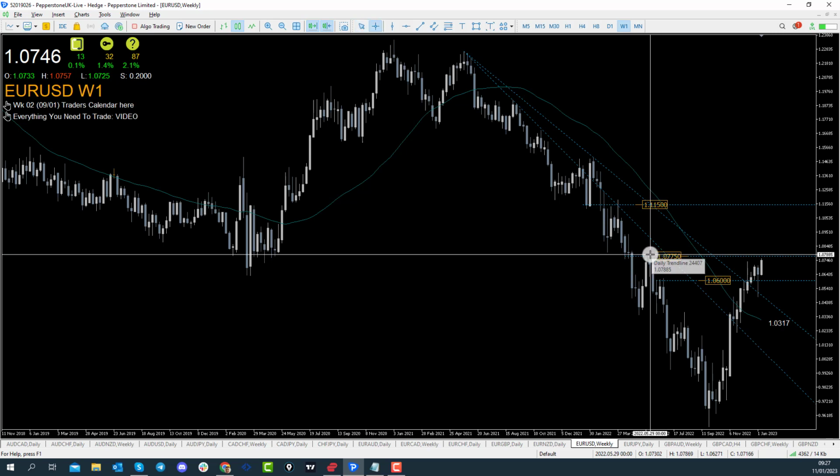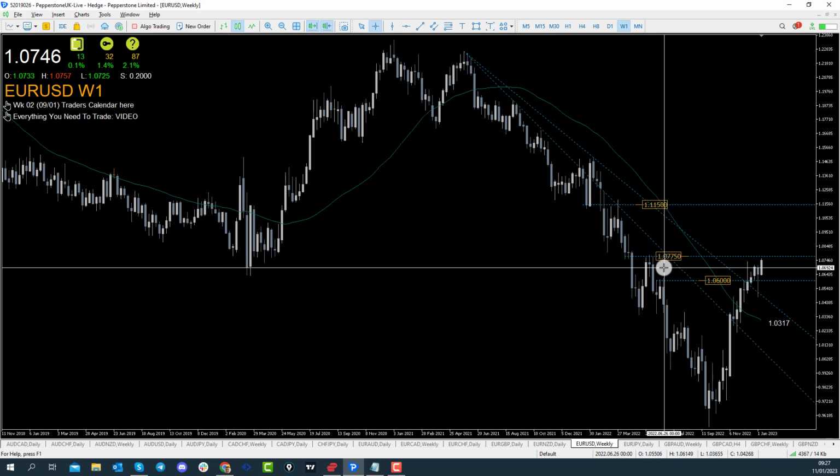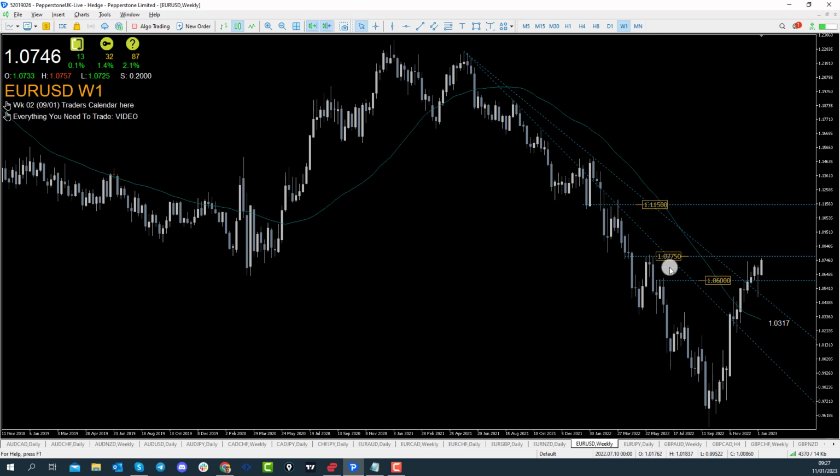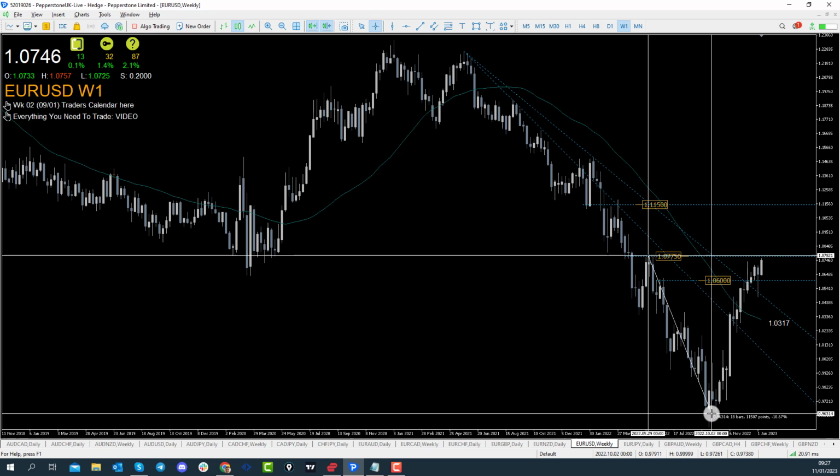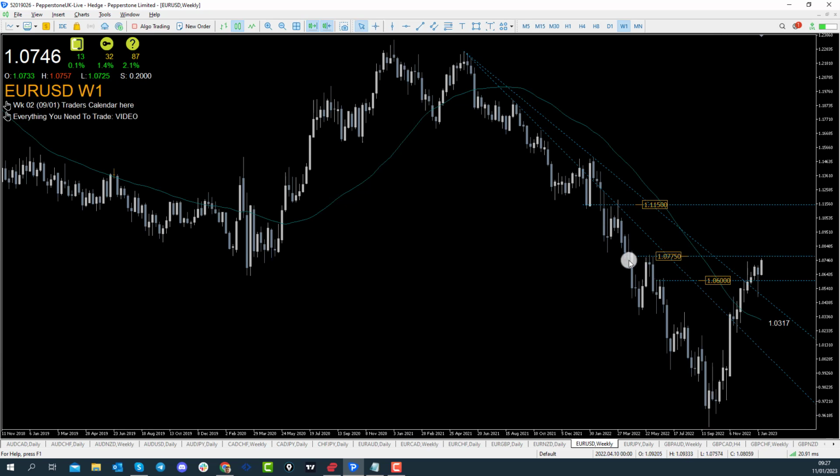So you can see this high that formed here back in May 2022 around about the 1.0775 handle. That level acted as resistance in the past, and we actually saw price fall over 1,000 pips to the downside after that. So we're approaching this level of resistance, which means that technically, do you want to be long into that level?